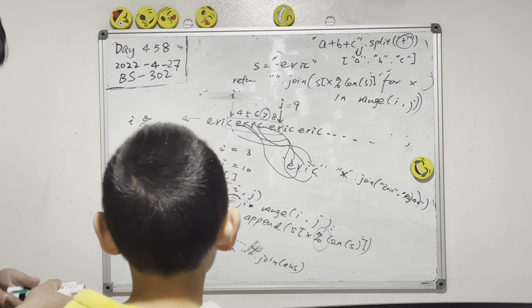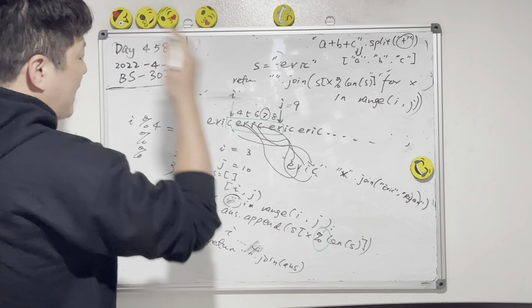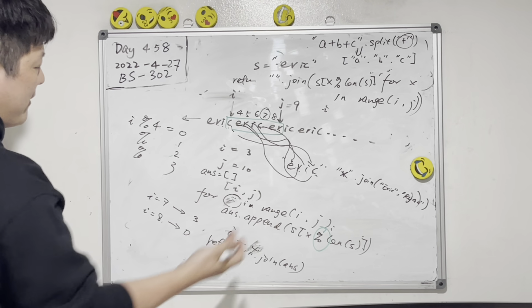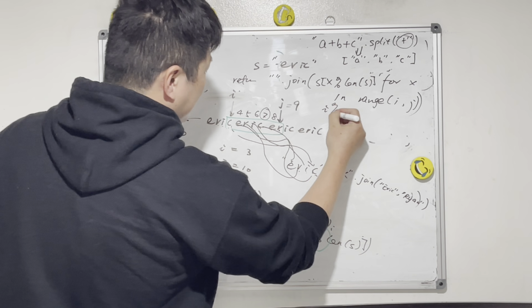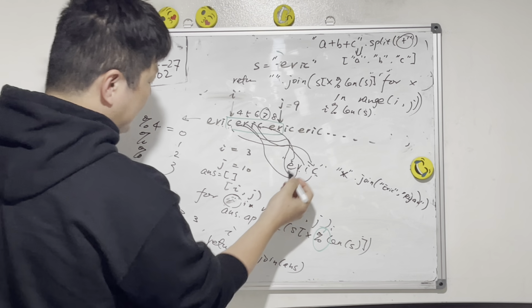Okay, another way of doing it is this: because this I could be very big, if we modulus this by length S, then this is the starting position.